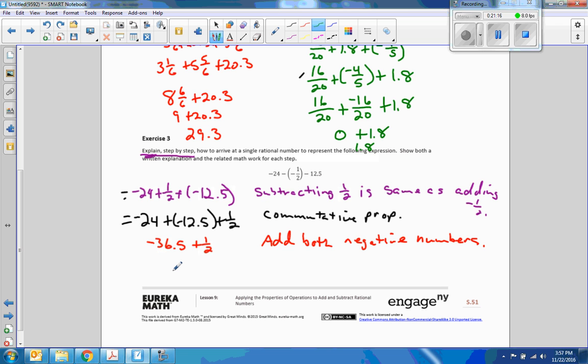Okay. Negative 36.5 plus 0.5. Okay. 1/2 equals 0.5. And finally, negative 36.5 plus 0.5 is negative 36. Okay. And there's our answers.